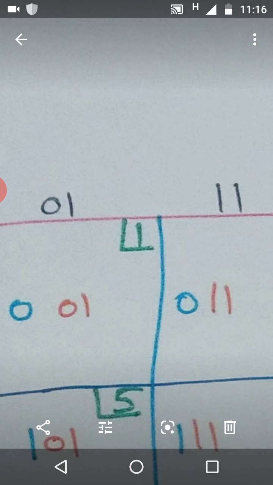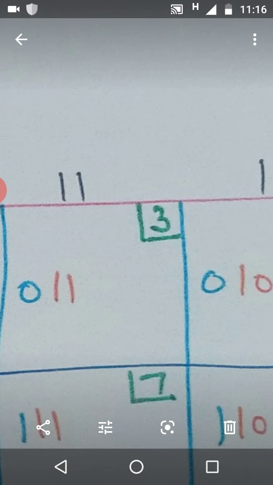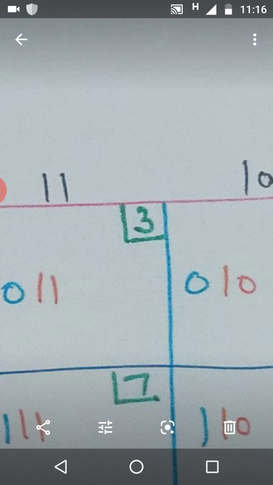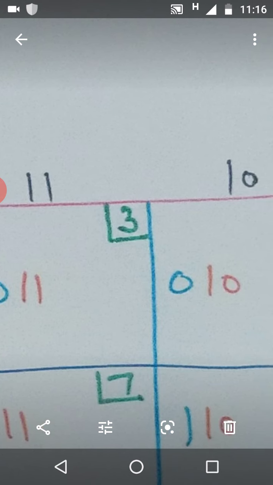What is the difference between these two codes? Only one bit. 01 and 11. Next, 01 and 11: at this time the left side bit is changed to make 01 the same as 11. So these two codes differ by 1 bit distance, that is a unit distance code. Next one is 11 and 10.